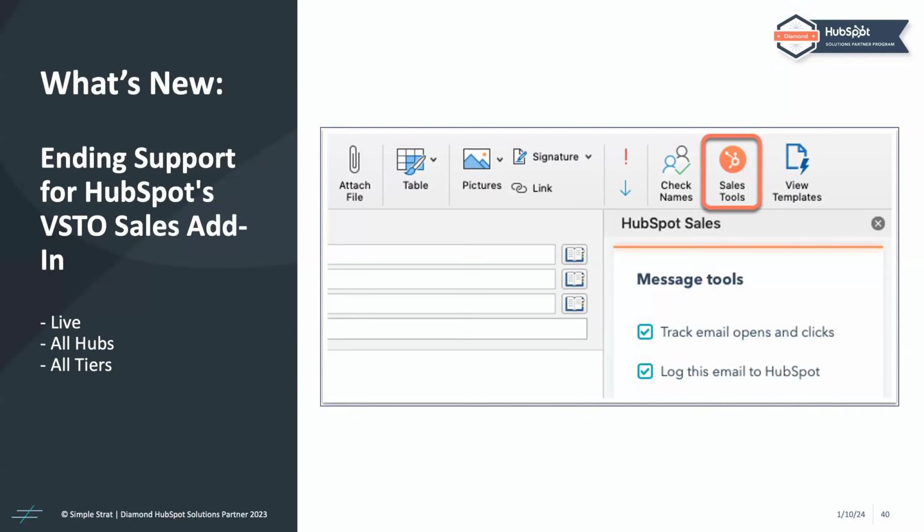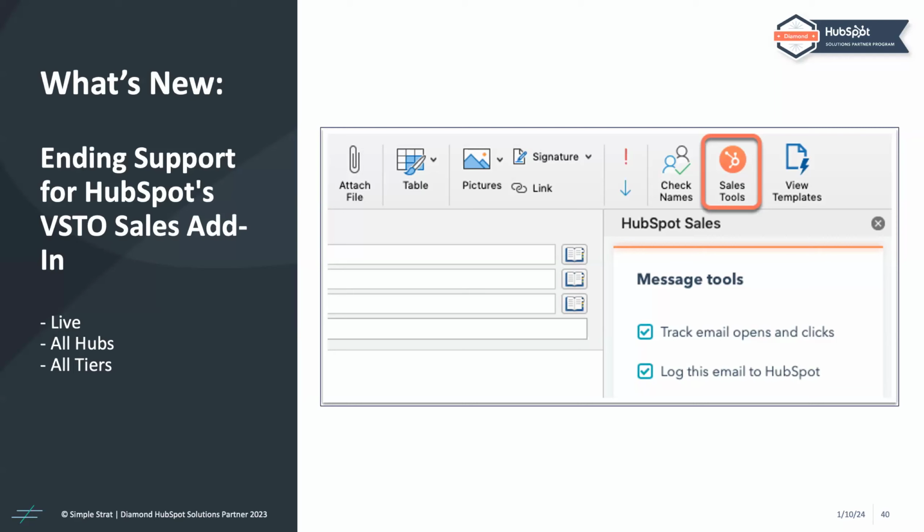So if you have updated your Outlook, or plan to update your Outlook and you're using the old add-in, just note that you'll need to delete that add-in and add the new one. So again, for the actual process of going through that, if you have an Outlook admin for your team, reach out to HubSpot support, and they'll be able to help you through that process.